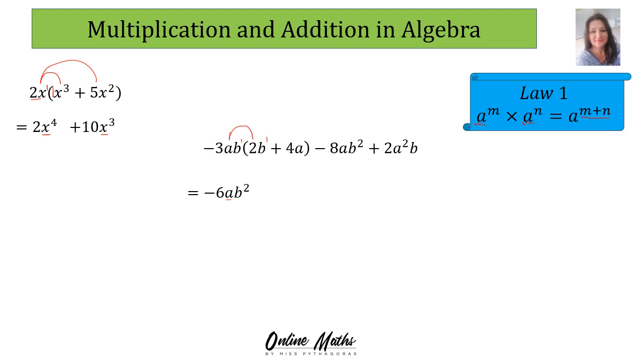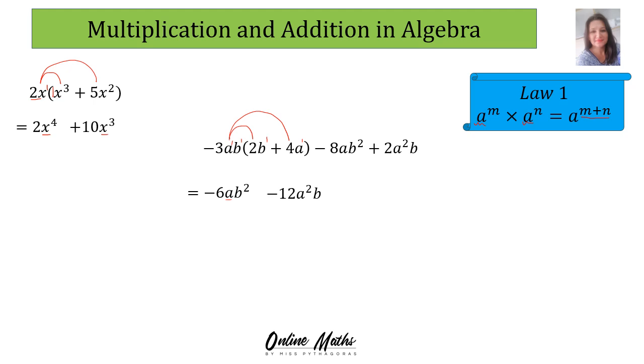And then the minus 3ab times 4a will become minus 12a squared b. There's the a exponent 1, there's the a exponent 1. When you multiply and bases are the same, you add exponents. That's how I got to a squared, and then the b will just write with.